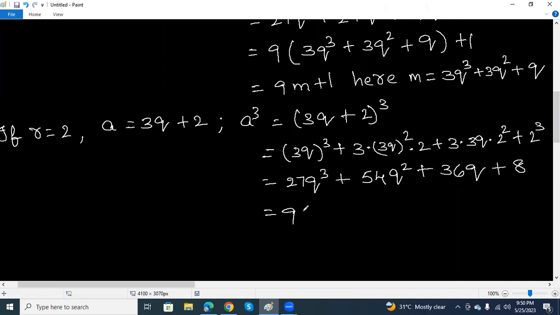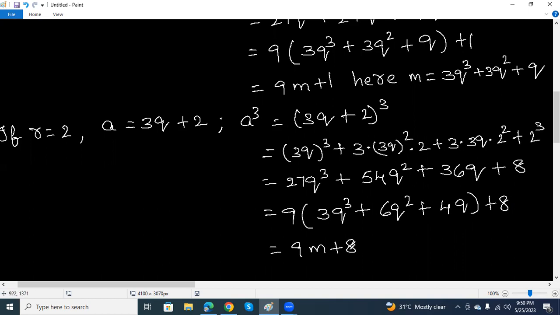So if we take the 9 outside, 9 3s are 27, 3 times 3q cube. How many times does 9 go in 54? 6 times, 6q square. And in 36, 4 times, 4q plus 8. Yeah, this is nothing but 9m plus 8. This is our required form. So here m is equal to 3q cube plus 6q square plus 4q.